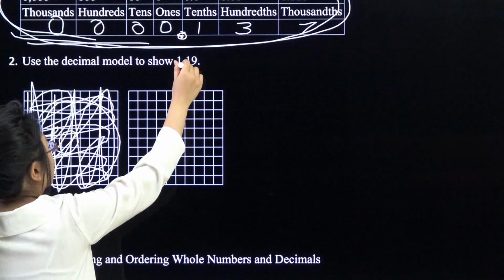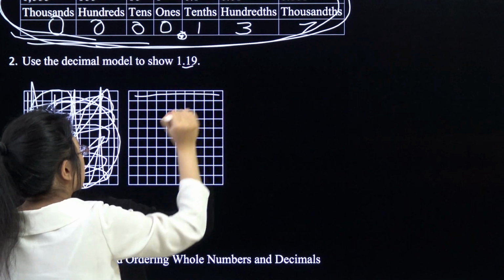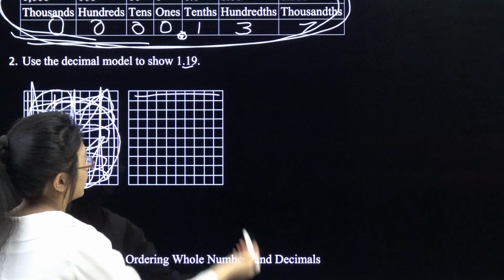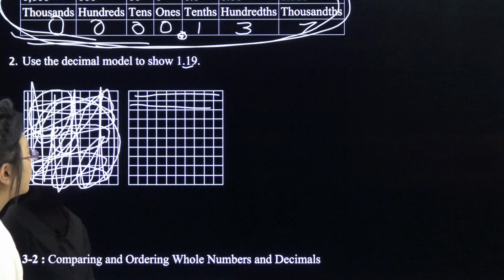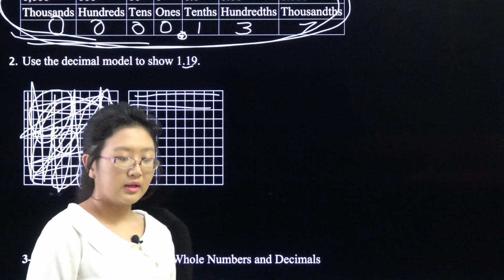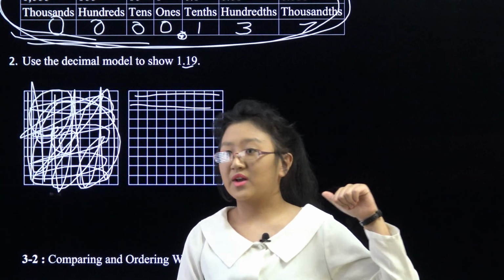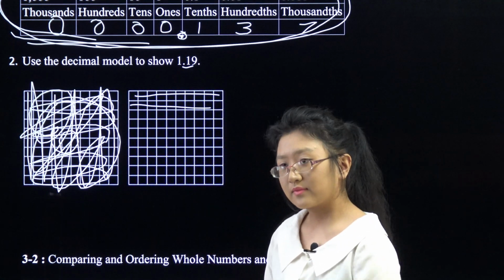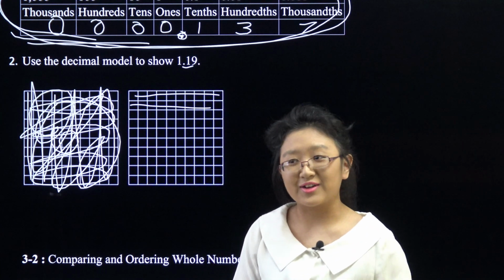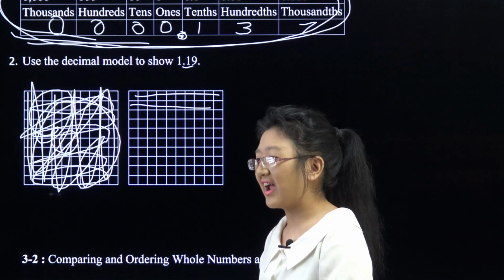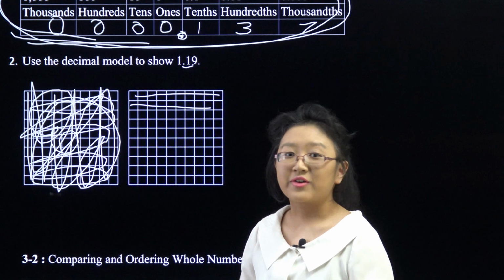And then there's 1/10, which is 10/100ths, which is this much. And then there's another 9/100ths, which is this much. So you're more likely to see a diagram like this than a place value chart. But chances are, by the time you get to grade 9, if you're still using these diagrams, well, you're in big trouble.